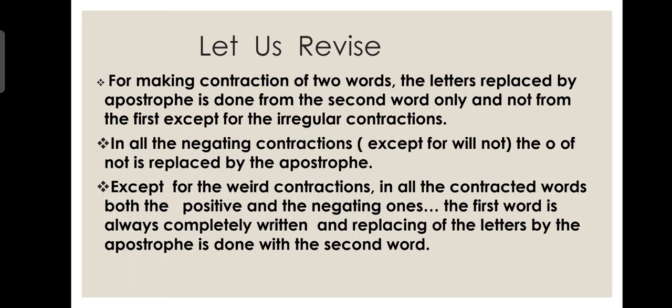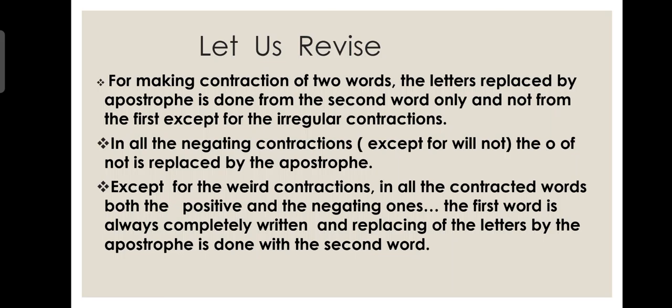So this is all. Let us revise. I think you have understood. Many of the examples were done. So let us revise. For making contractions of two words, the letters replaced by the apostrophe are from the second word only and not from the first, except for the irregular contractions.